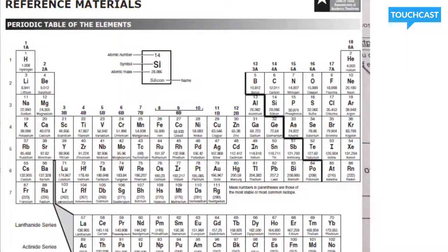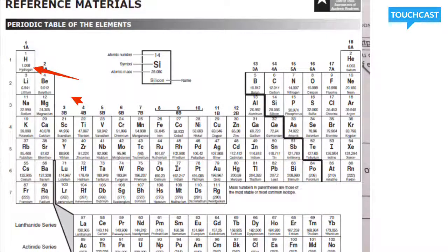So if you look here for our first one, the atomic mass of hydrogen, it's going to be, oh sorry, it's a little over. It's going to be 1.008.